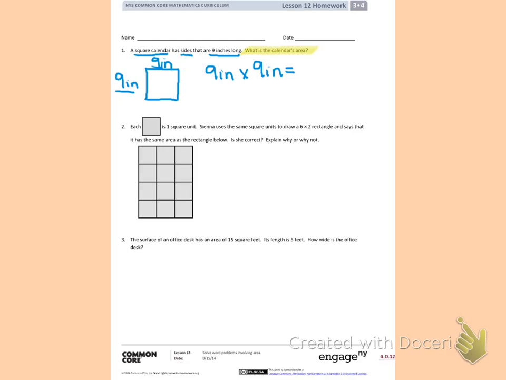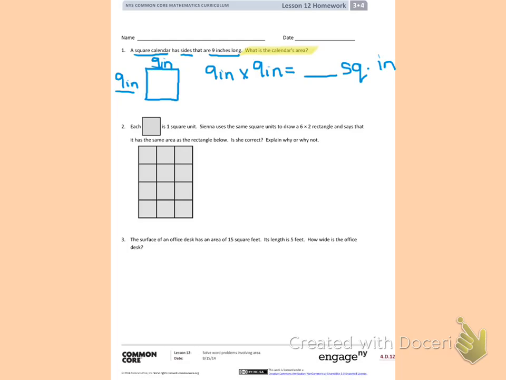I'm going to leave the method that you use to solve 9 times 9 up to you. And then I'm going to have you write that number here, and then write square like this with an SQ, and then inches. Now, because it's a word problem, we need to answer the word problem in a sentence.